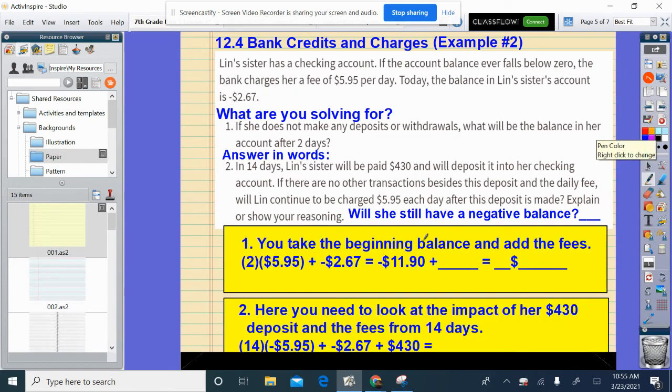You take the beginning balance and add the fees. This is the number of days, this is the fee, and that's a negative amount, plus her beginning balance. And that's going to equal her ending balance.